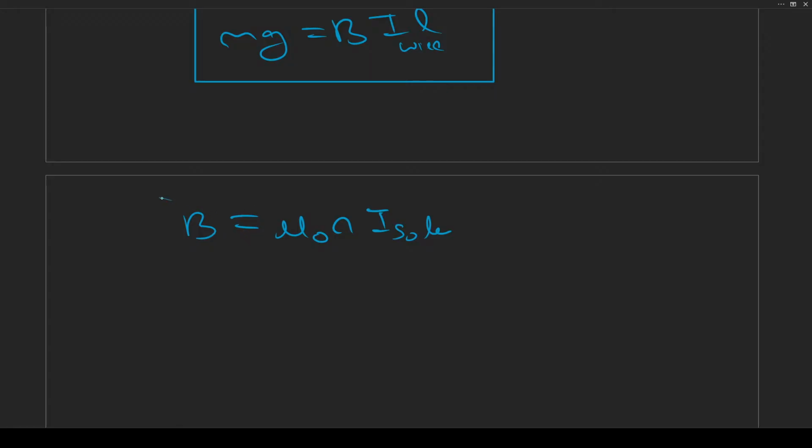Okay, magnetic field we have here ILB. This became a triangle.